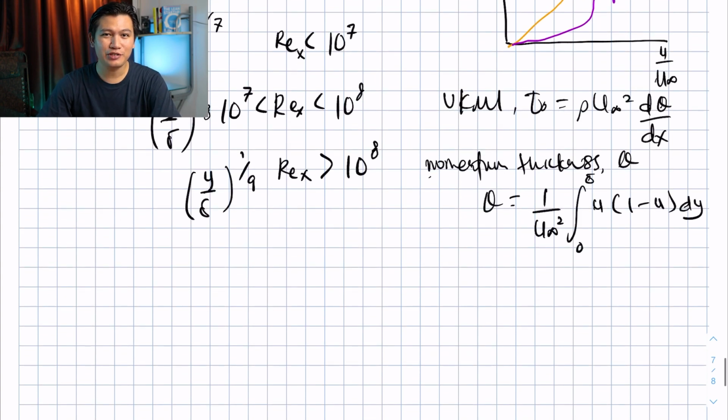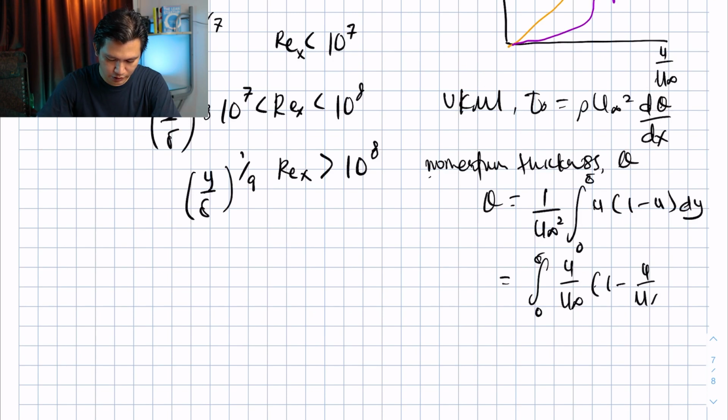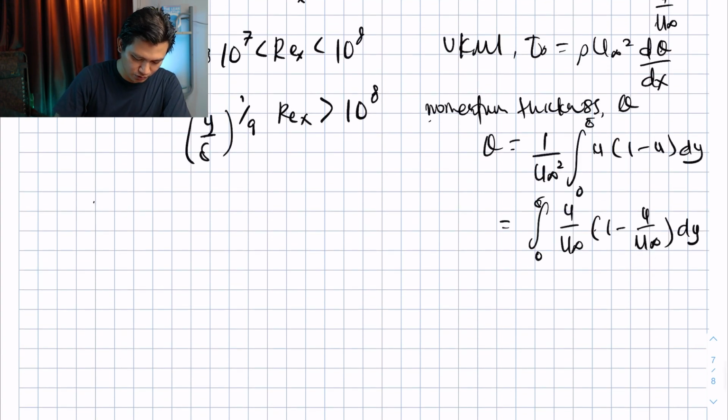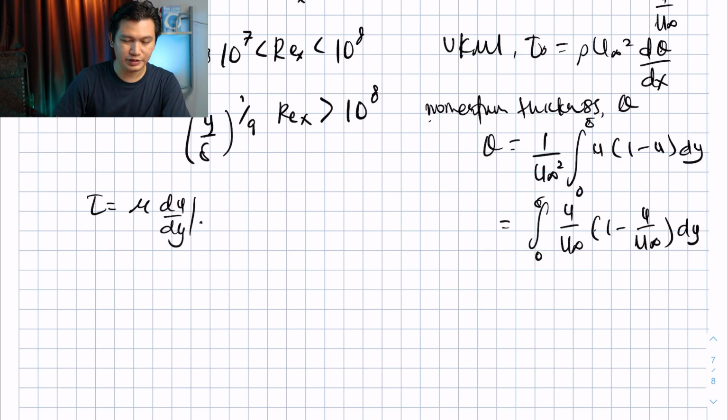And if I bring the u infinity inside, you're going to have integration from 0 to delta of u over u infinity times (1 minus u over u infinity) dy. Alright, and if you remember, another equation for tau, okay, is also mu du over dy at y equal to 0.